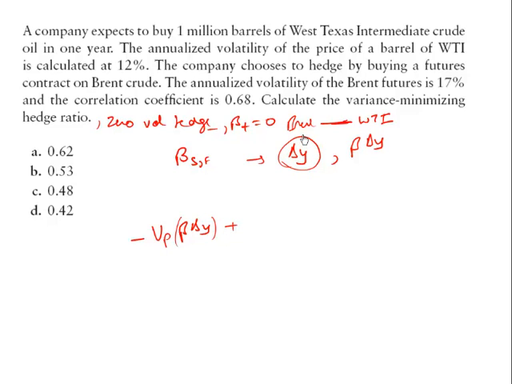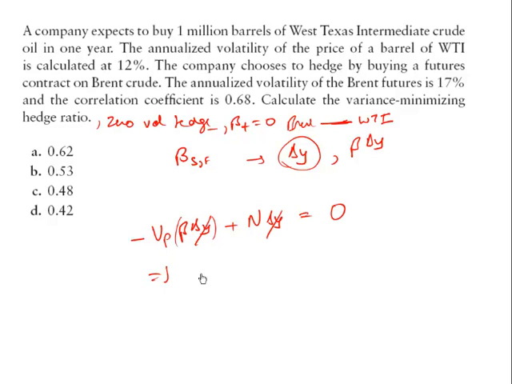So if Brent goes up by delta Y and I'm long N contracts, then my gain will be equal to N into delta Y, and this total change I want should be equal to 0.